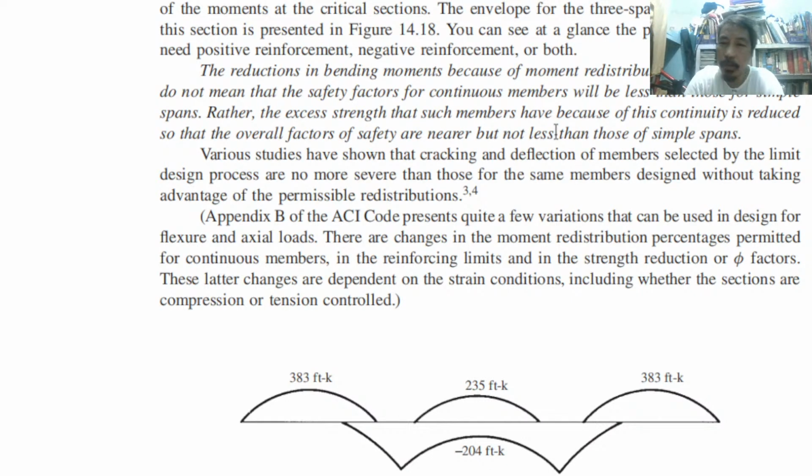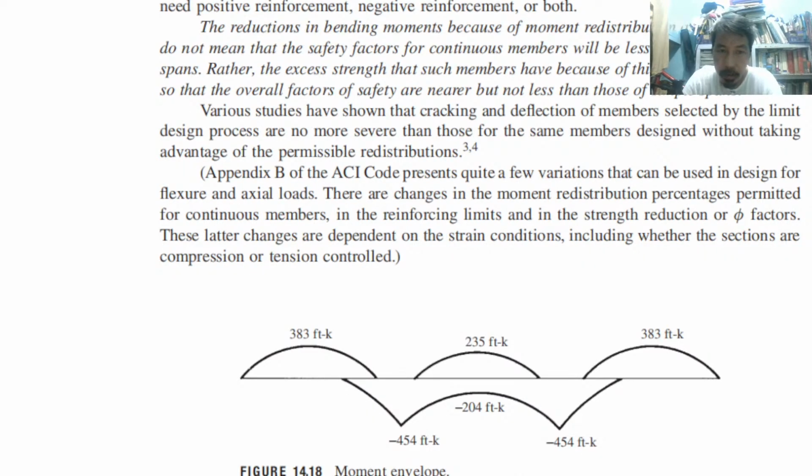So without the safety being decreased or minimized, we'll have a very good estimate, because we are given the envelope. So that is the suggestion of the code.